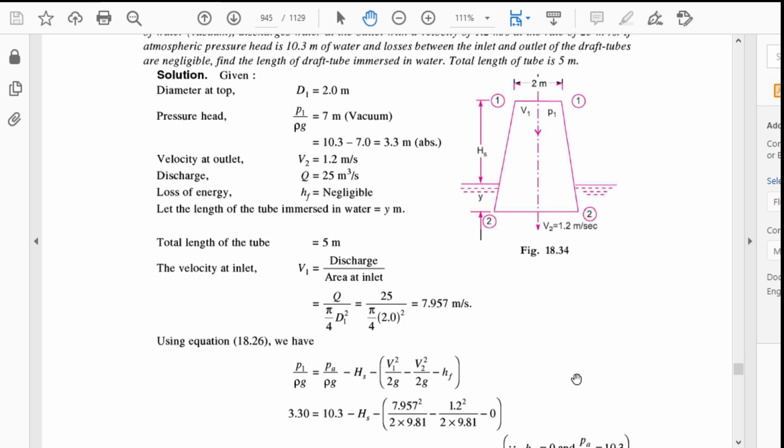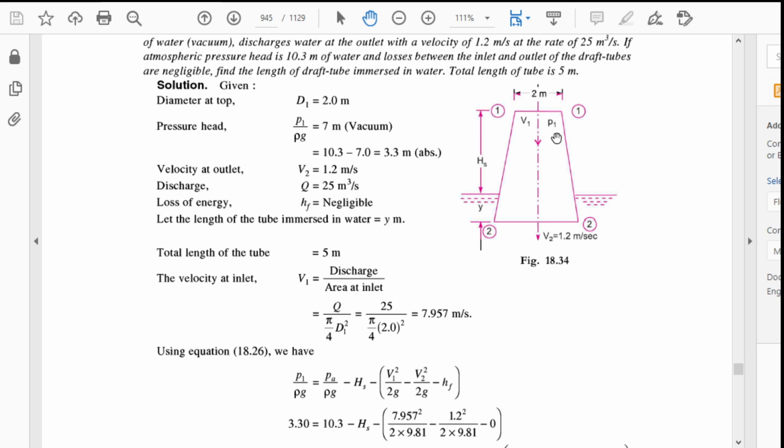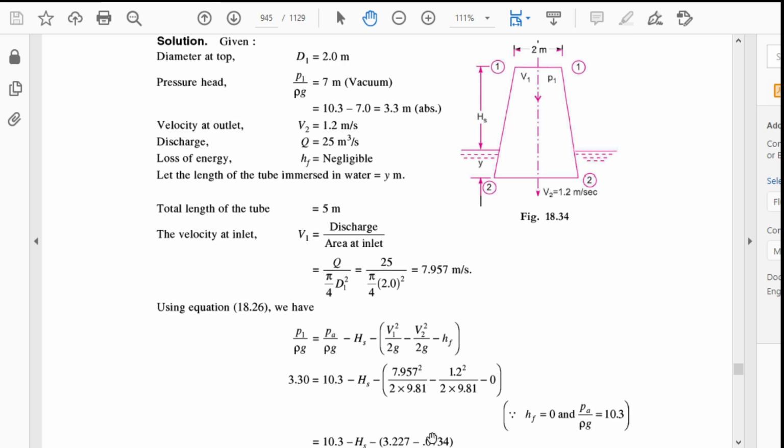Now, here by using same Bernoulli's equation at section 1 and section 2 we can find out P1 upon rho g as PA upon rho g minus HS minus V1 square by 2g plus V2 square by 2g minus HF. You have to learn this formula by heart, simply you can find out. So here the HF is negligible, so HF will get cancel.